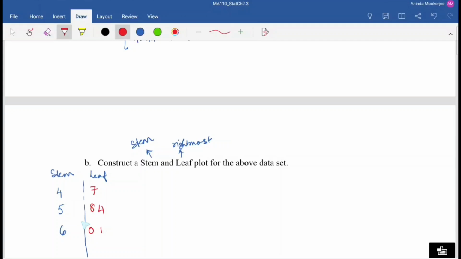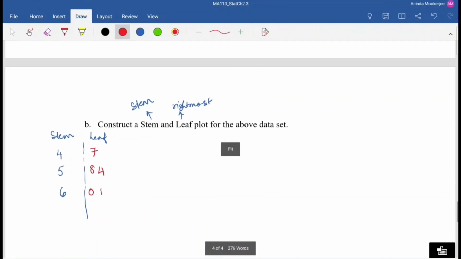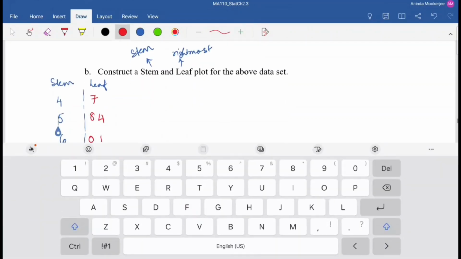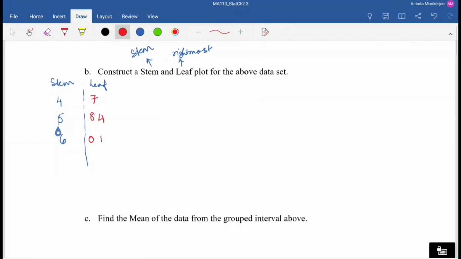All right, so we have to go through each number one by one and write the leaf value next to the corresponding stem value. All right, and then we will also have to arrange it in increasing order. So the final list is going to look like this. Just a second. All right, the final list is going to look like this.